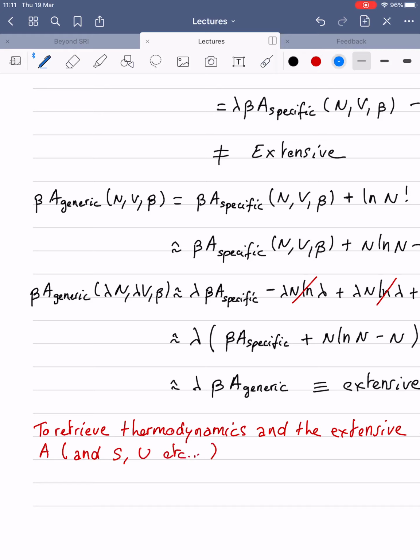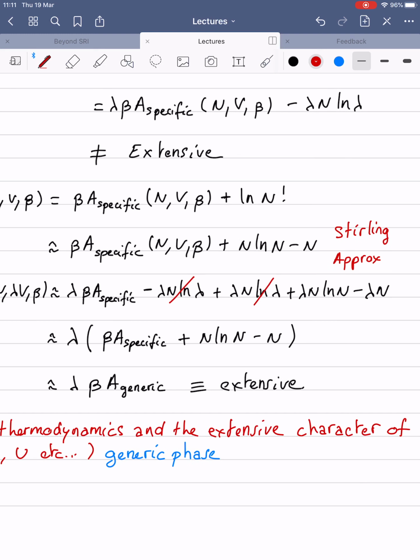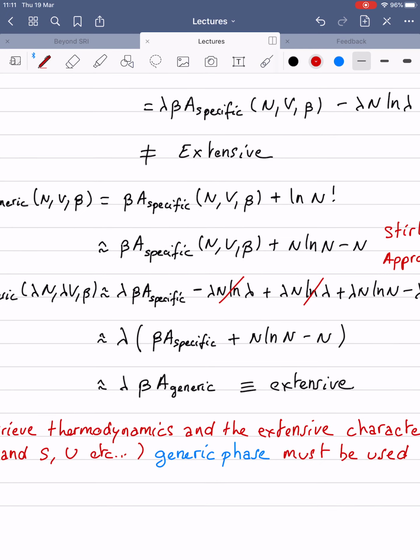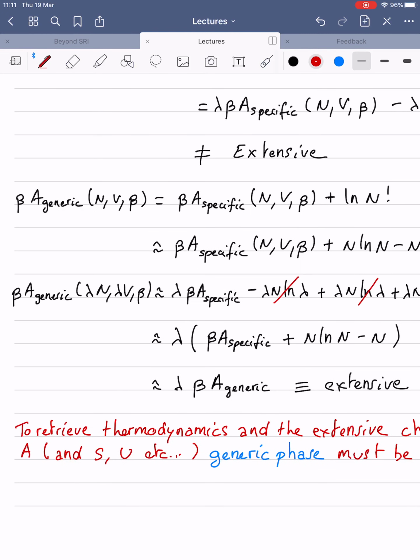What we want to say is that generic phases must be used. So here this is really, really important. Must be used for systems with identical particles.